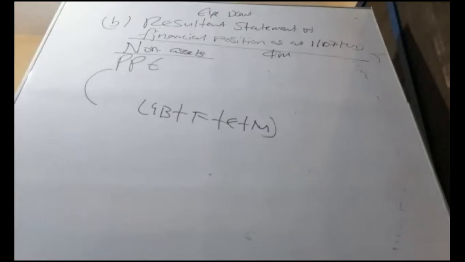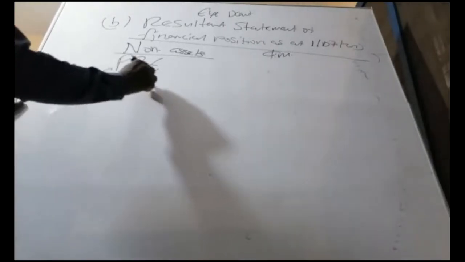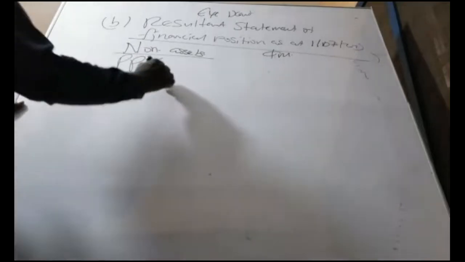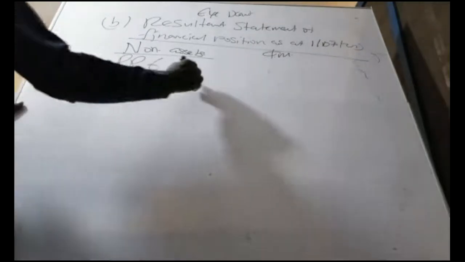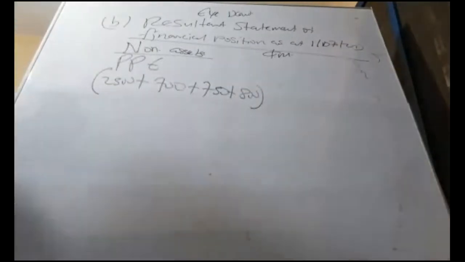Land and building, their going concern value is 2,500, plus furniture and fittings, going concern value 700, and then the next one is 750, and the next one is 800. All these figures are the going concern values.